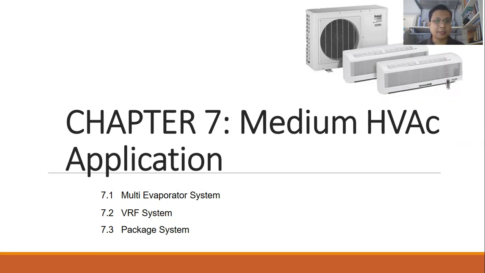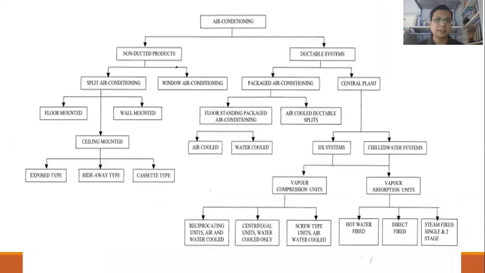I will try to talk about the multi evaporator system, and the second, the VRF system, and then the last is the package system. So as we know, we have the root of the accounting system based on the type or structure itself.